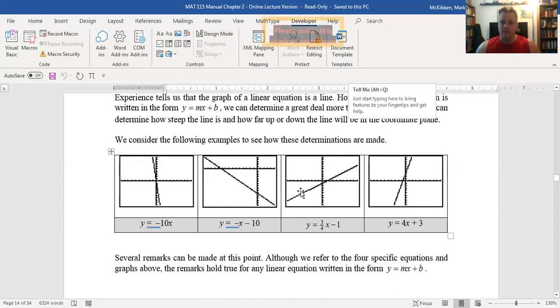Same thing here. This is even less steep than that. You have a slope of 3/4, which you can find if you were able to zoom in here. You can literally find 2 points which lie on the line, and you can compute that. And you can see that it crosses at -1. So it makes sense that the b would be -1, and the slope would be something smaller than 1.